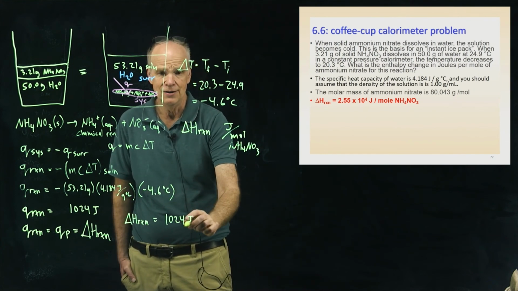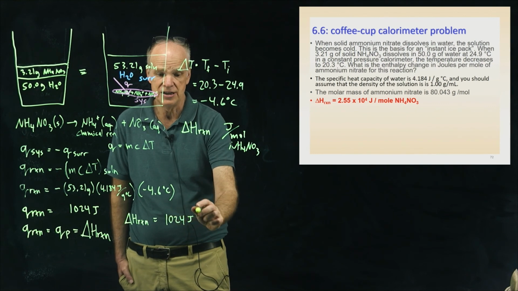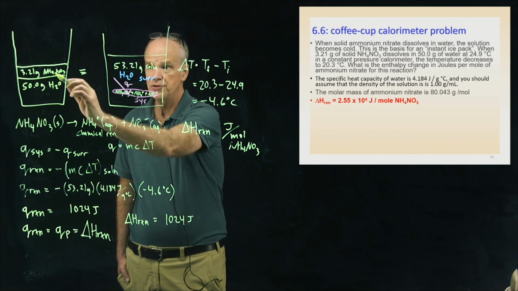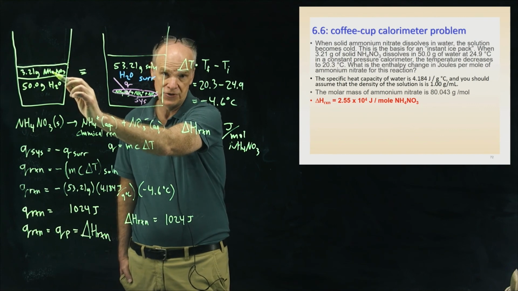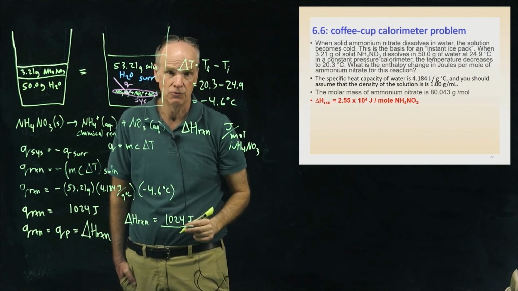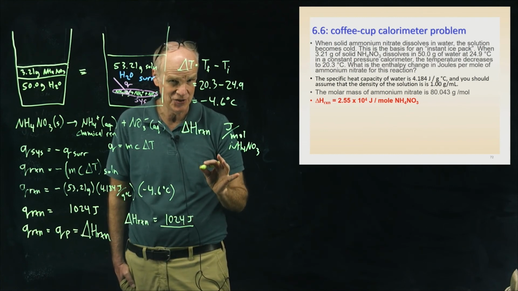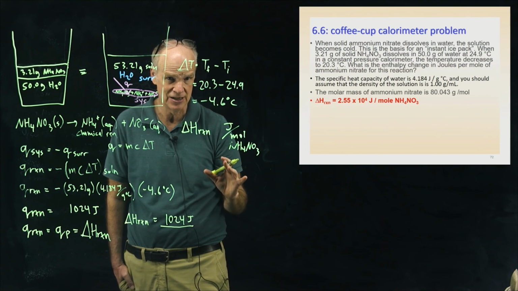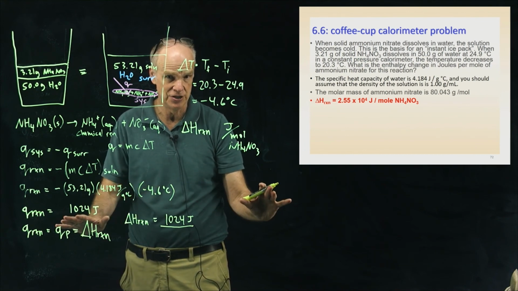Okay, so here's how I think about it. Where this energy went to was into the 3.21 grams of ammonium nitrate. So again, this is energy that went into that specific mass of ammonium nitrate, and then once that mass of ammonium nitrate got that energy, it just dissociated into ions.